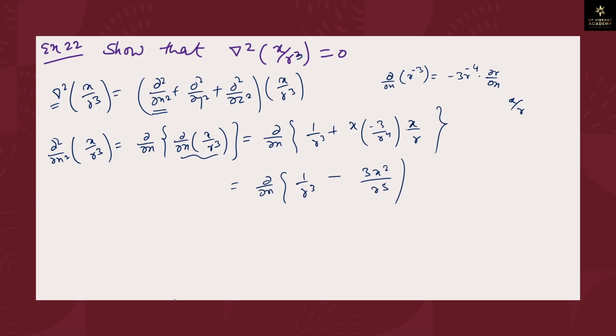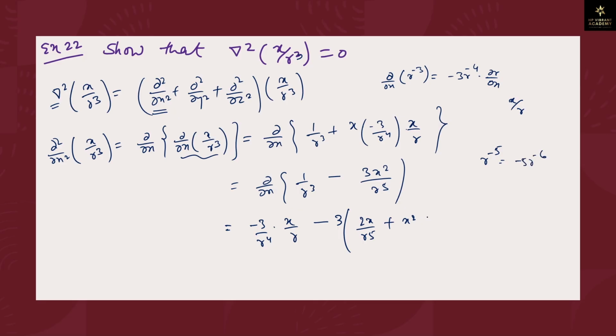Let us further simplify this. So this is minus 3 upon r to the power 4 into del r upon del x, which is x upon r, minus, let us expand this also, 3x square upon r to the power 5. So 3 times the derivative of x square is 2x upon r to the power 5 plus x square into r to the power minus 5, whose derivative is minus 5 r to the power minus 6.